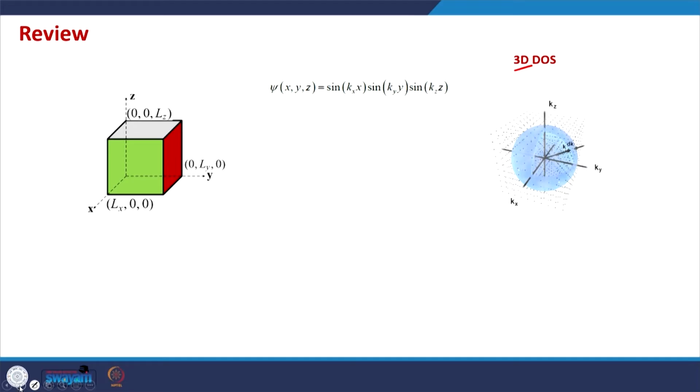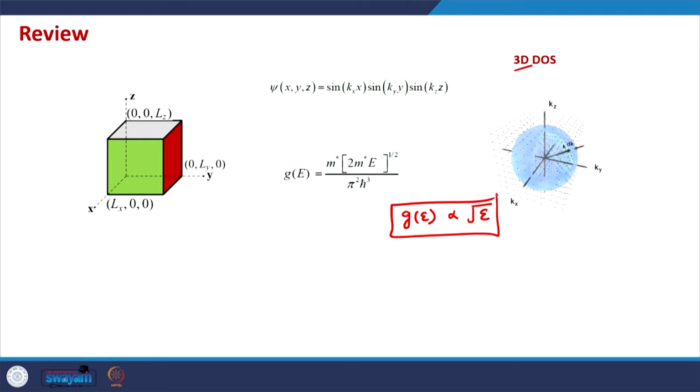So, this is what we concluded about the 3D density of states, that the density of states in 3D solids is directly proportional to the energy value, and there are certain approximations that we make, and those approximations are not unrealistic approximations. They are fairly reasonable approximations, especially at the top of the valence band and at the bottom of the conduction band.